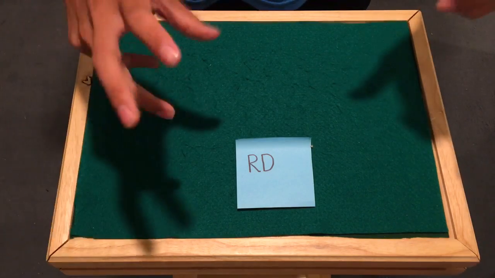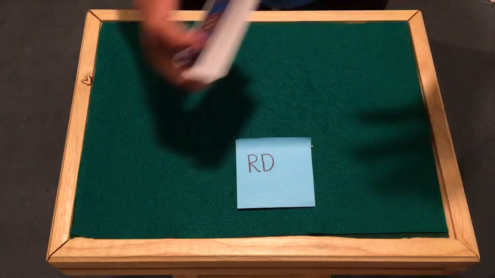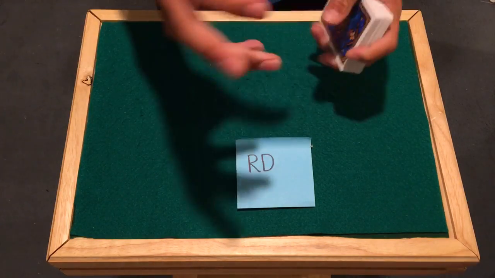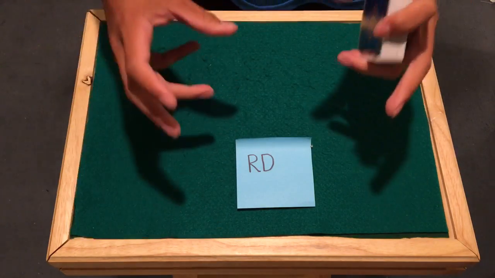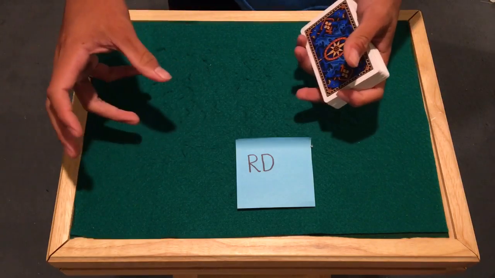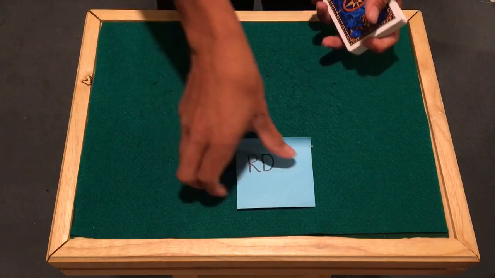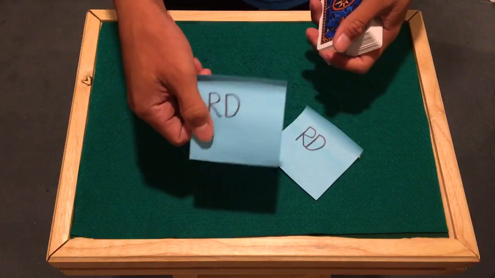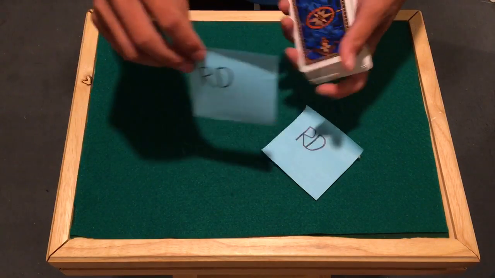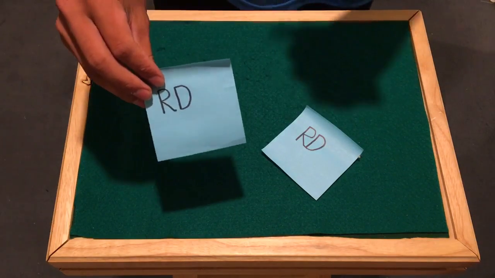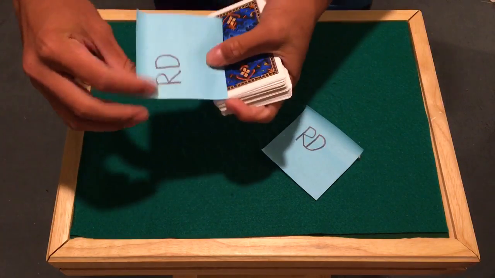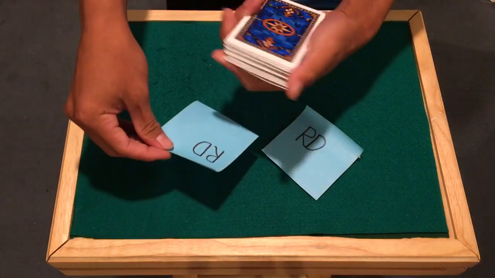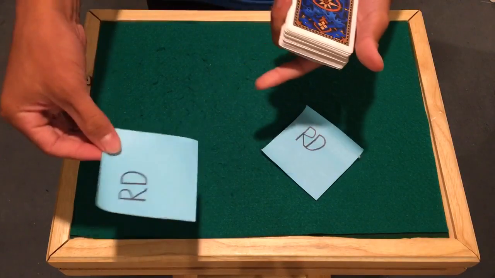Once you have that video, it's going to pick just one little picture of what's happening in that video and print that picture out. So it's literally just going to look like a picture. In this case, let's just say it's RD. It's going to look like a picture, but if you point a phone camera to the picture, on the phone camera, you'll be able to watch the video happening on this.